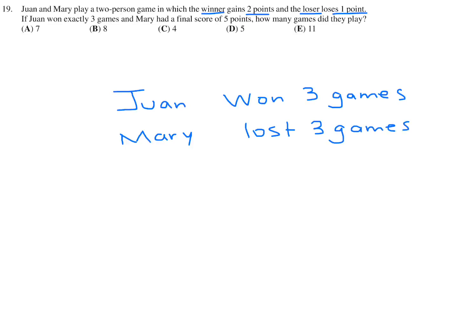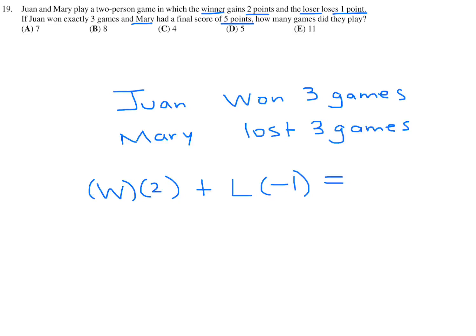Okay? And then in terms of an equation, we've got wins give you 2 points. So you multiply the number of wins by 2. And then losses, you have to multiply by -1 because they're taking away a point. So this equation gives you your total points.